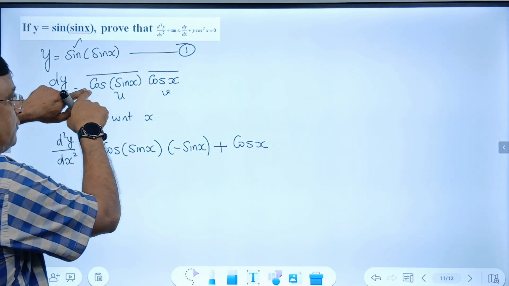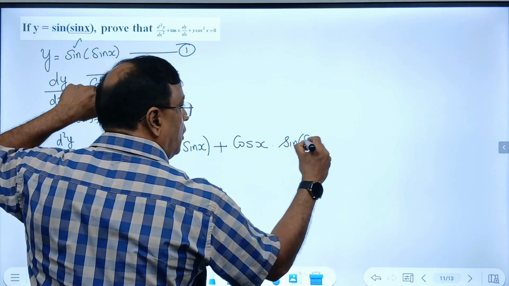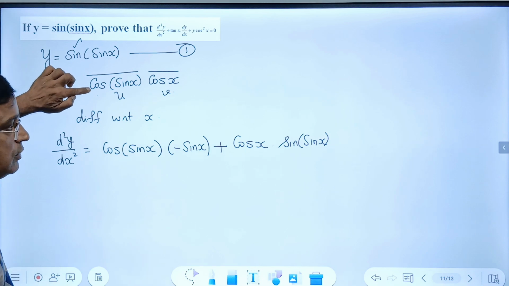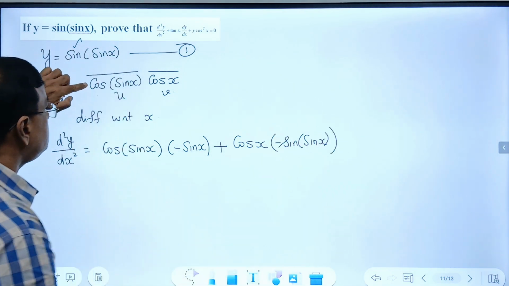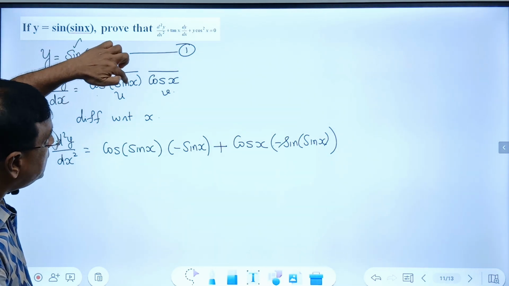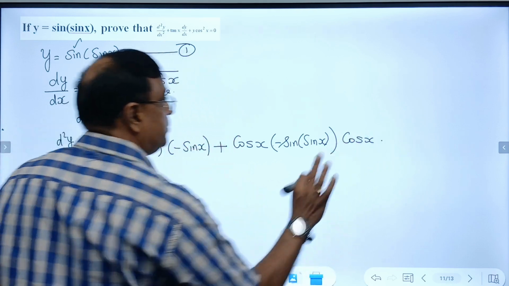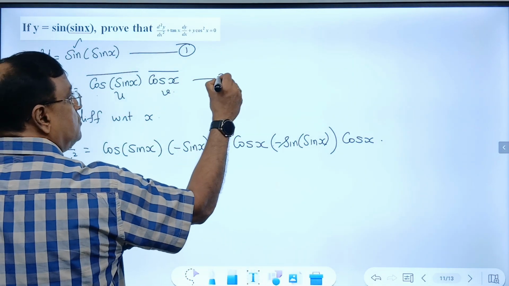Now again, differentiate cos of sine x. Chain rule. First I differentiate cos, which is minus sine of sine x. Differentiation of cos is minus sine of sine x. Then the base. What is the differentiation of sine x? It is cos x. I hope that's clear. Now I call this as 2.